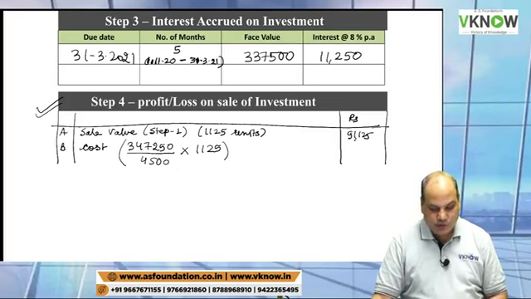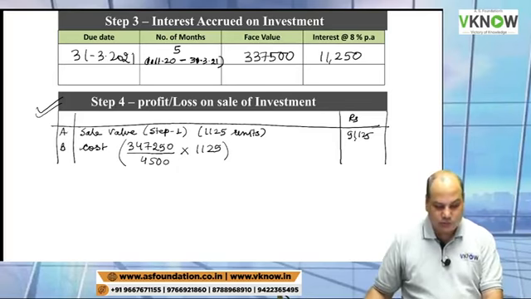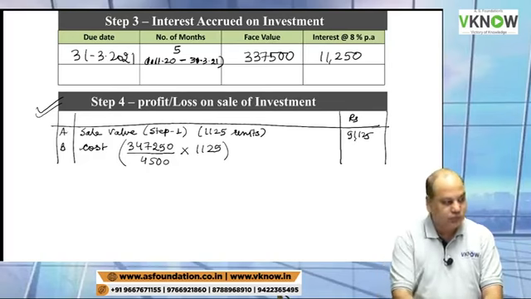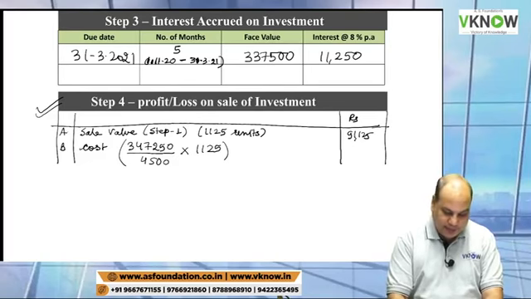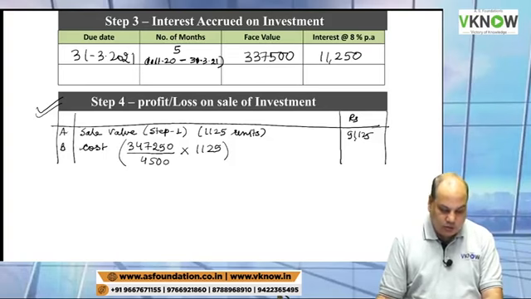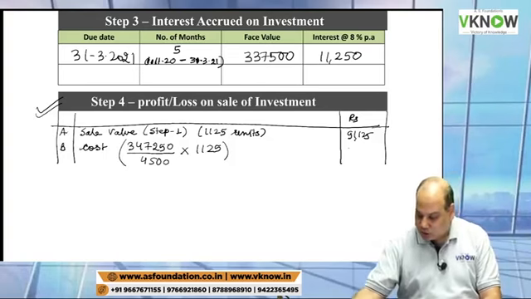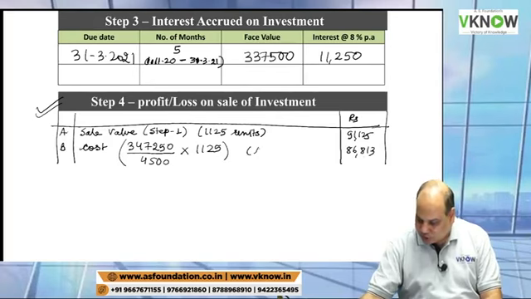So can you please guide me, what is the proportionate cost here? Take 347,250, divide by 4500, that will give you cost per unit, into 1125. 86813, you can make it approximately.